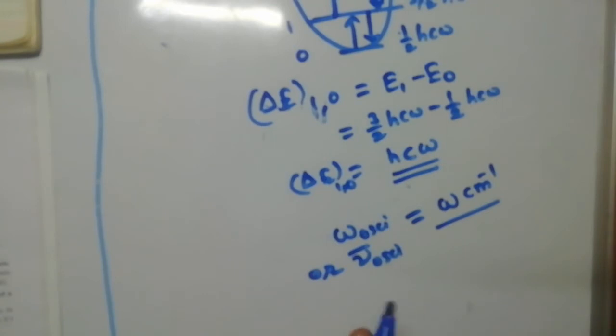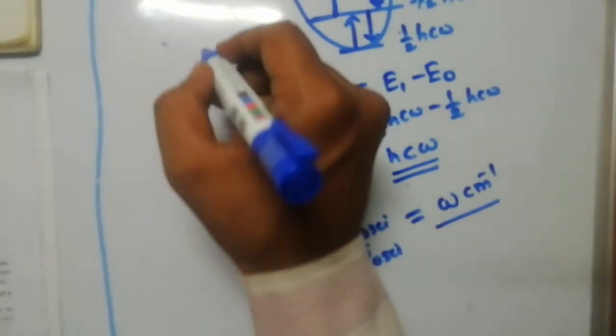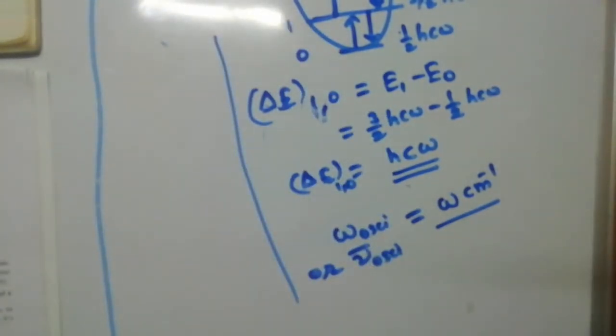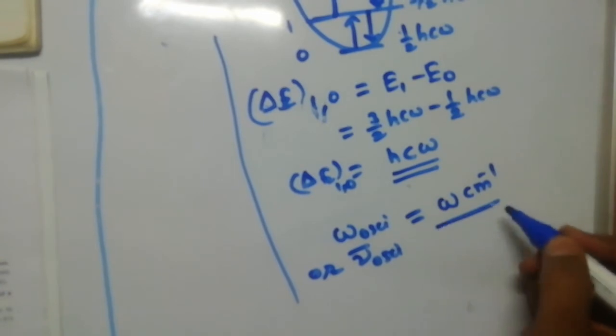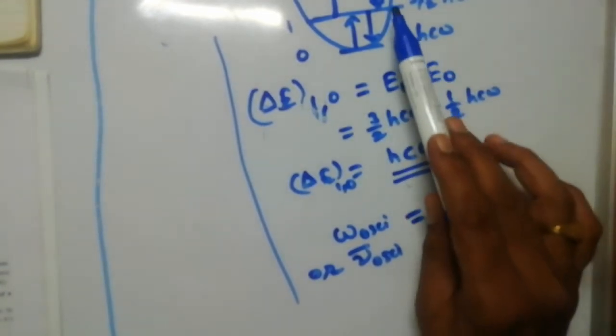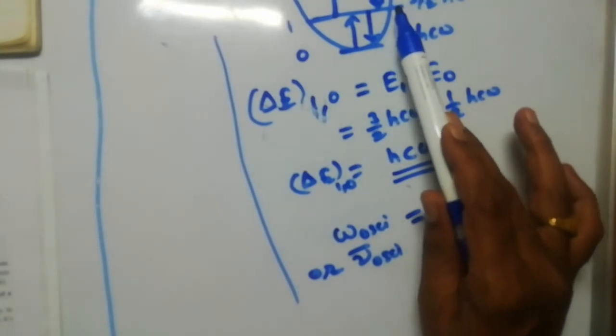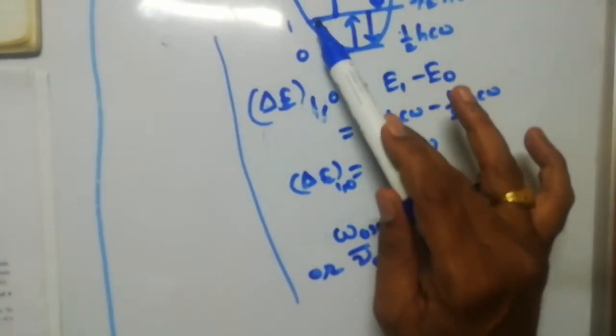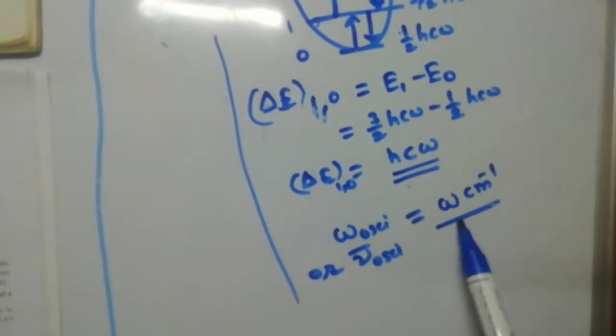So what happens in most of the cases? You will get a spectral line at omega centimeter inverse. Whenever a transition takes place from V equal to 1 to V equal to 0, or V equal to 2 to V equal to 1, you are going to get the line at omega centimeter inverse.